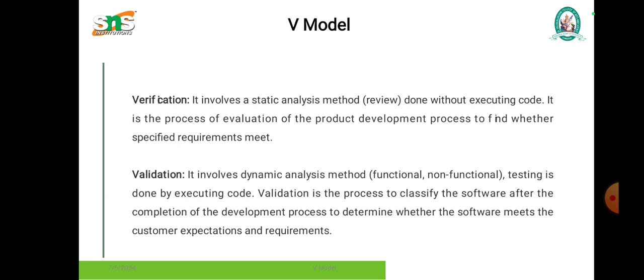It is called a functional and non-functional method, and the testing is done by executing the code. Validation is the process which classifies the software after the completion of the development process, to determine whether the software meets the customer expectations and requirements. So this is the definition of verification and validation.